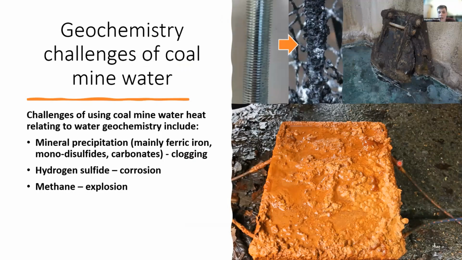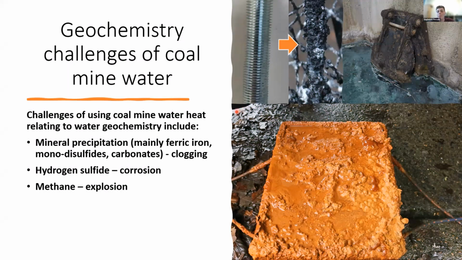So coal mine drainage, as has already been said in the first presentation, is usually rich in iron, and iron scaling processes are very common and well known as a potential problem. But we can have other problems related to the use of the mine water.